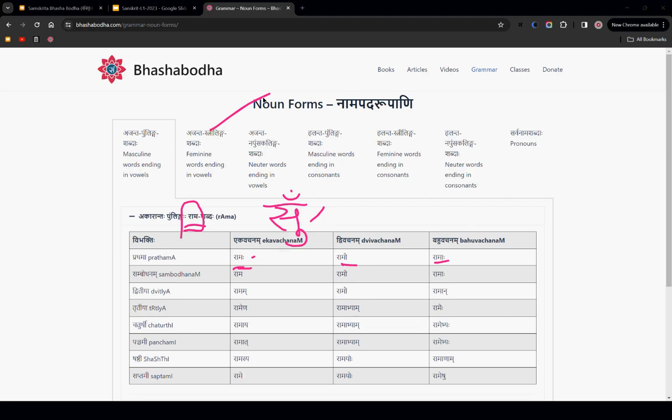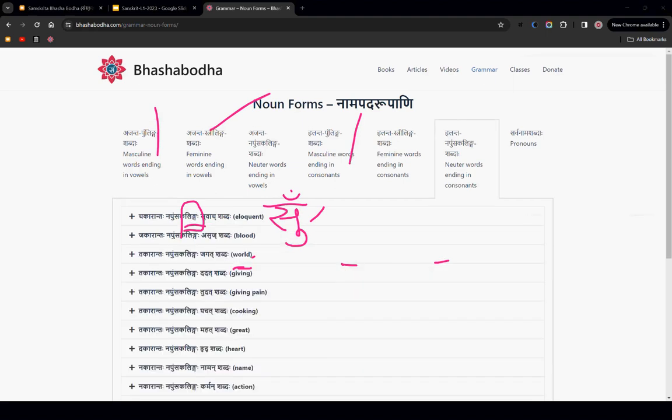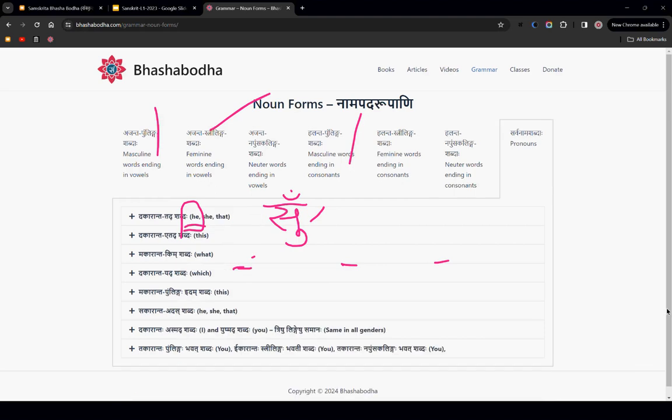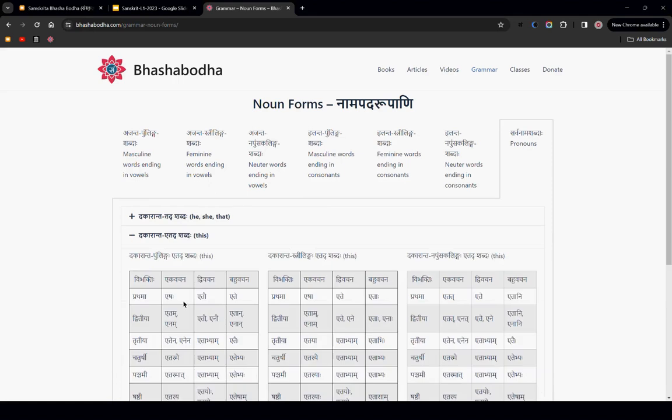So whether you take Pullinga, Strilinga, Napumsakalinga, whether it is ending in vowel or consonant, whether it is a Sarvanama, for everything. Even if you take this one, Esha, Etau, Ete, Esha, Etat. In case of Etat, there is no Visarga.